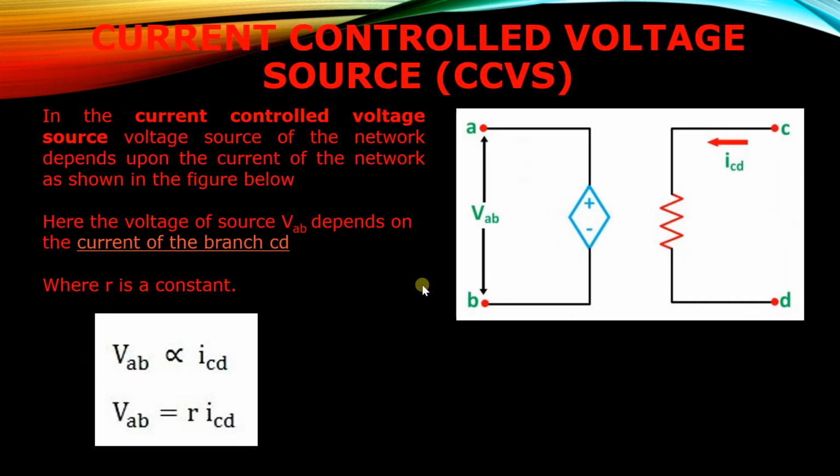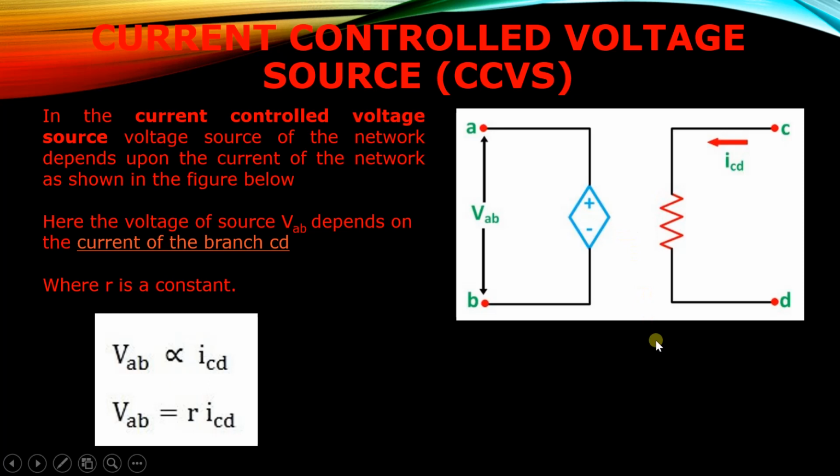The third one is the current controlled voltage source, CCVS, meaning we have a voltage source at terminals A and B, and this voltage source is controlled by the current at C and D. In the current controlled voltage source, the voltage of the network depends on the current of the network as shown in the figure.